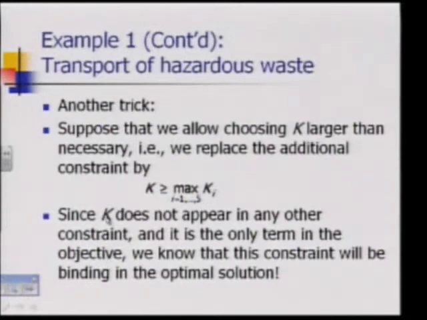If you think about it, this does not appear in any other constraint, and it is the only term in the objective, then this constraint will be binding in the optimal solution. What does that mean? Well, like what Sarah just suggested, if you do something like brute force, you can solve the problem and then see if it satisfies this or not, if that's really the maximum or not.